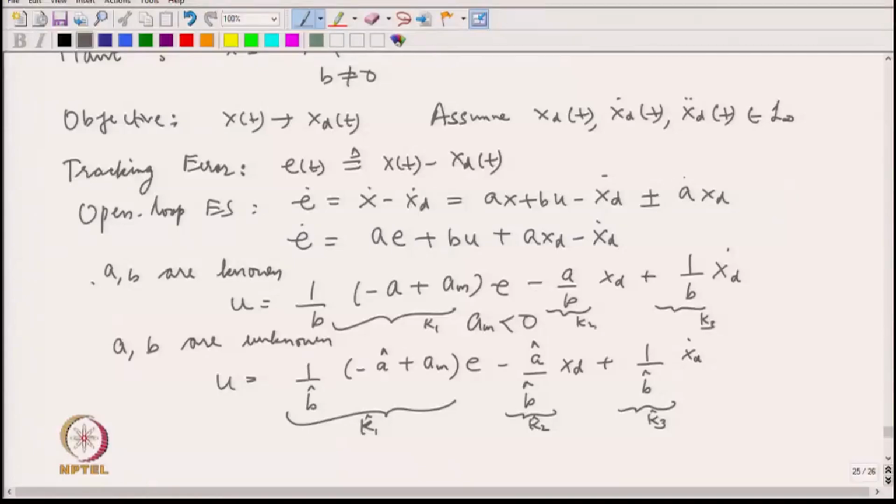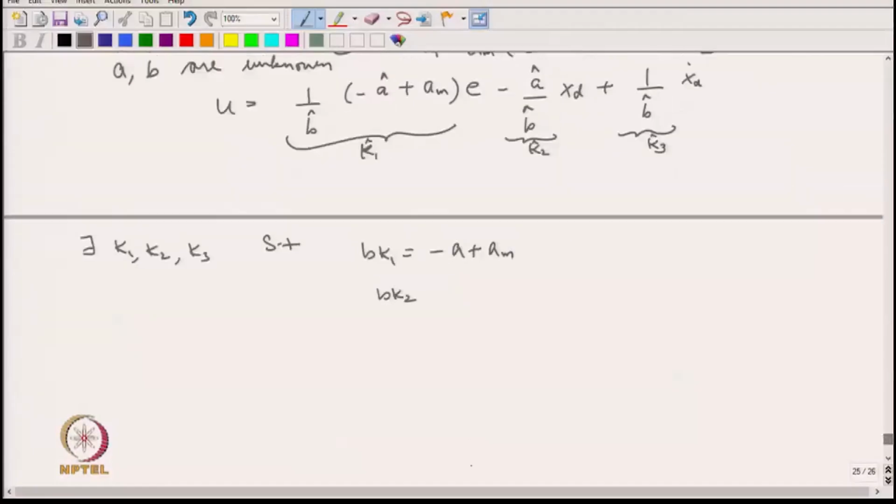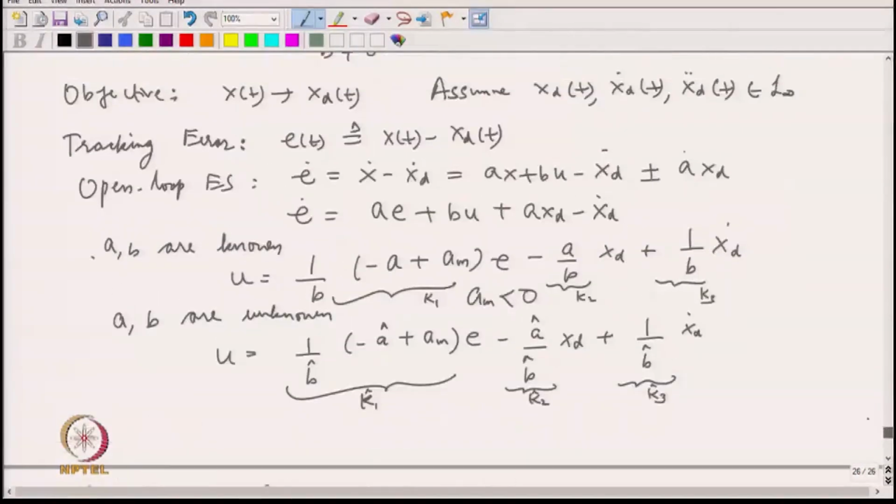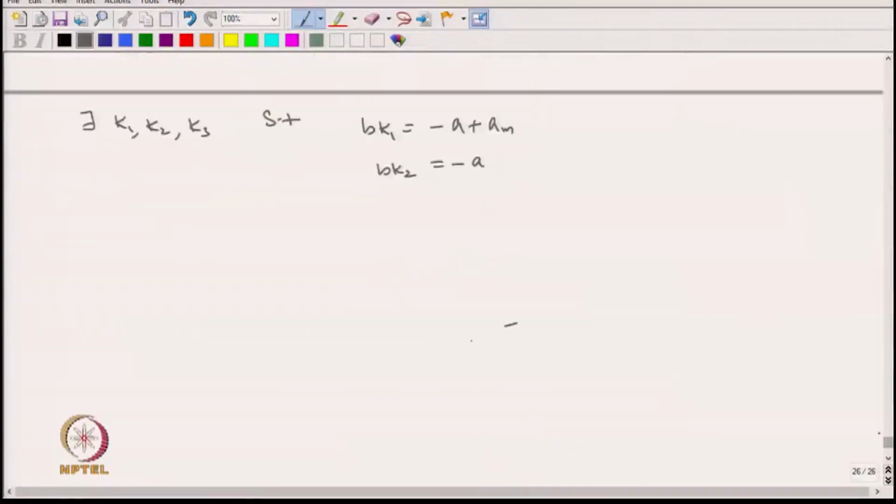Minus A over B is equal to K2, so B K2 is equal to minus A. And 1 over B is equal to K3, so B K3 is equal to 1. So, these are our matching conditions for this case.